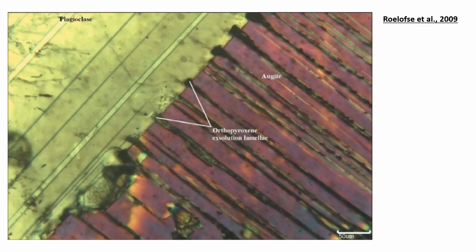As I was discussing about the exsolution lamellae, this is a very good picture by Rolfse et al. 2009. In this paper, you can see they have got augite, they have got orthopyroxene exsolution lamellae. So they are existing together in this system. Okay.